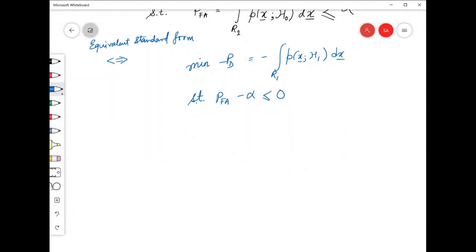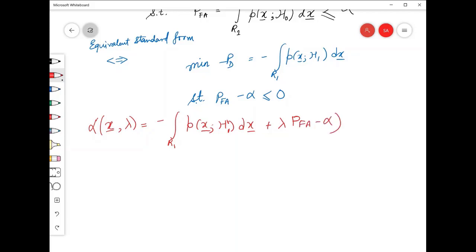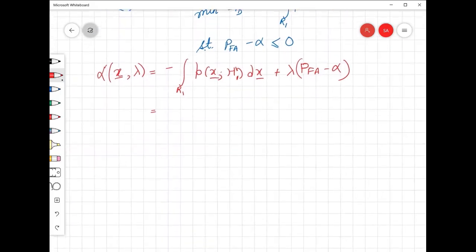Okay. Now I can write the Lagrange in our original format. Now Lagrange is a function of x and lambda, and this is given by minus integral over R1 of p of x given H1 dx plus lambda times PFA minus alpha. Let me also write PFA. Let me expand this.